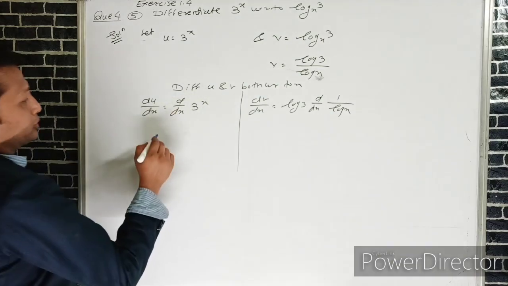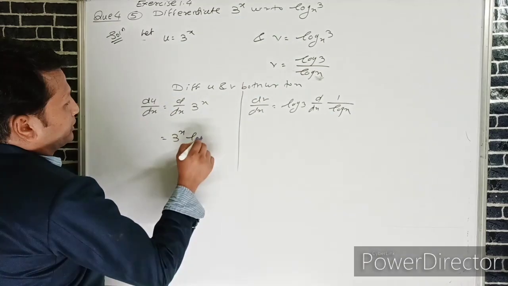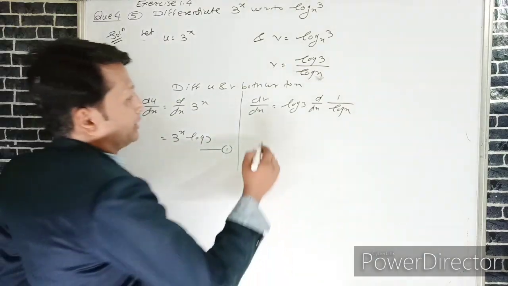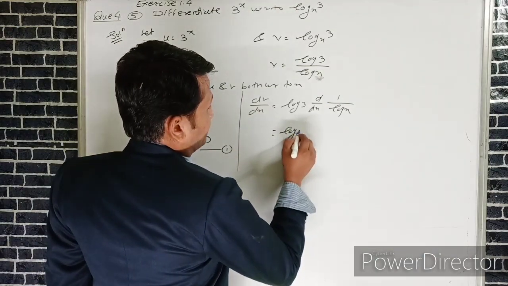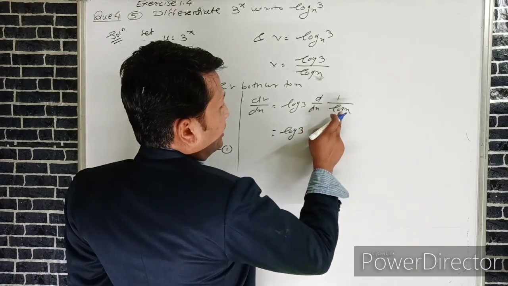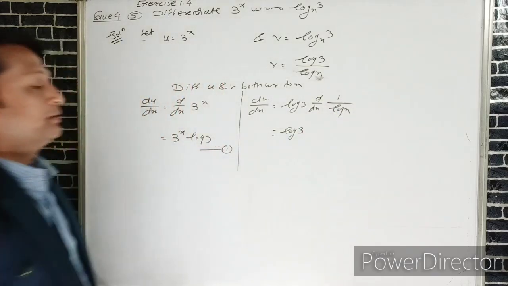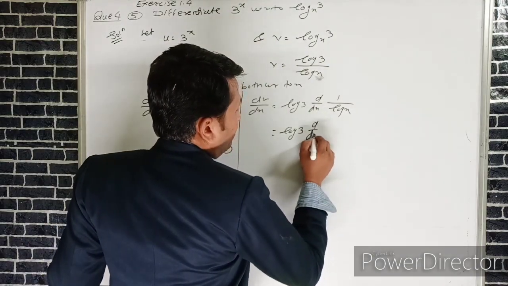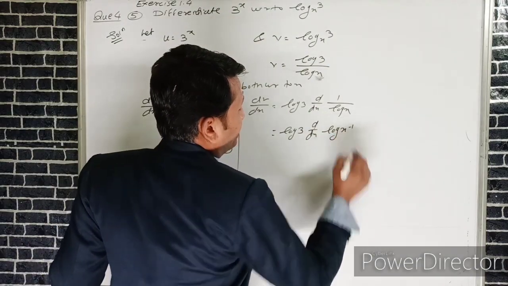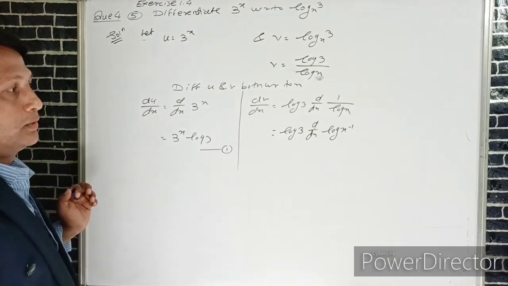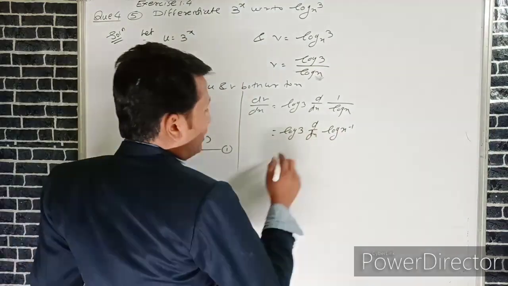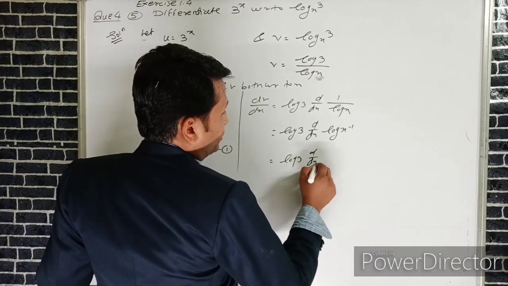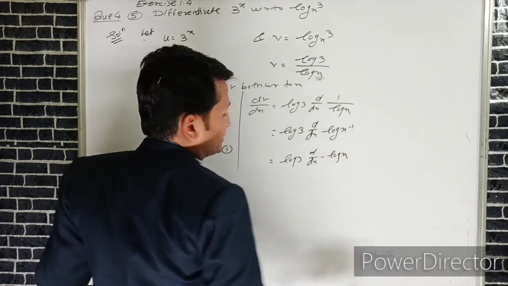Here the derivative of 3 raised to the power x is 3 raised to the power x into log 3, which is du by dx. For the other one, if we take log x in the numerator, we can write the derivative of log x raised to the power minus 1, which is minus log x to the power minus 2 into the derivative of log x.